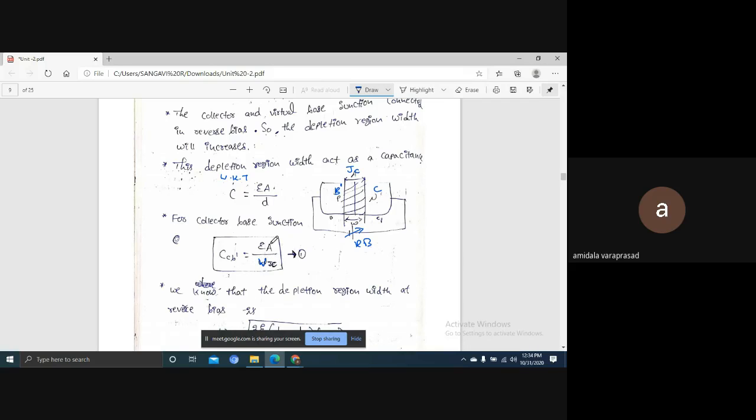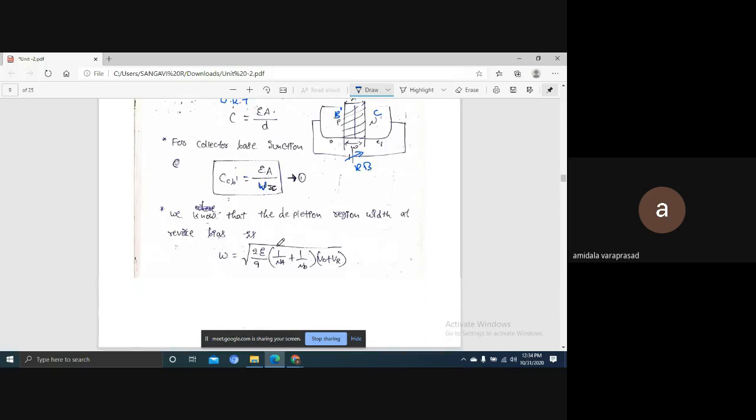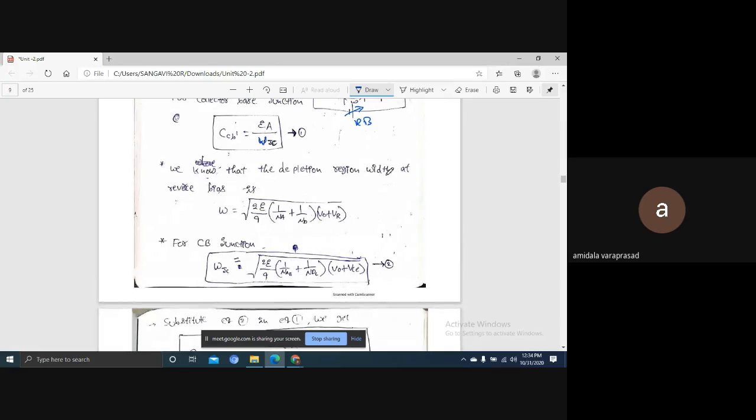Now we know that the depletion region width at reverse bias is W equal to root of 2 epsilon by q into (1 by NA plus 1 by ND) into (V0 plus VR).